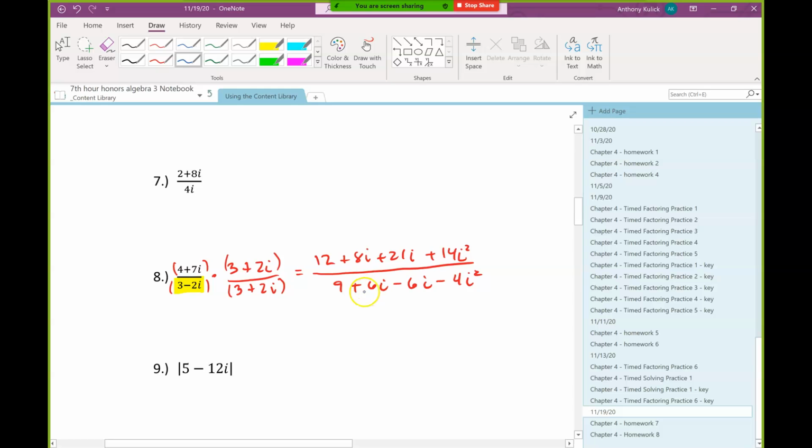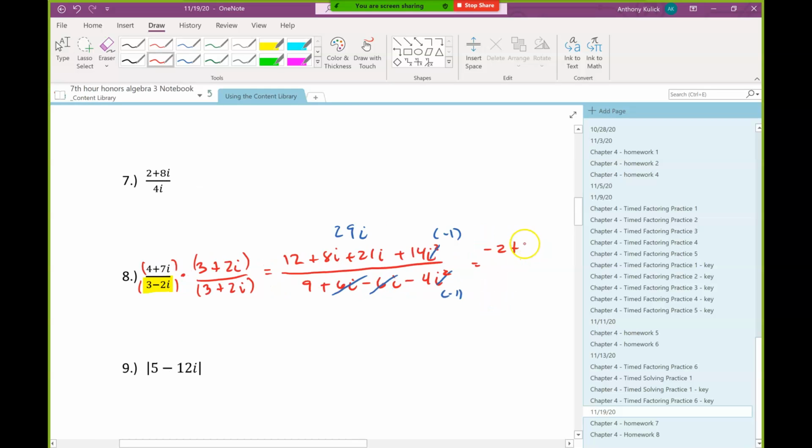So if I combine my like terms, the 6i and negative 6i cancel out, and 8i and 21i become 29i. And then I remember that i squared is the same as negative 1. So I have 12 and then minus 14, so that's negative 2 plus 29i.